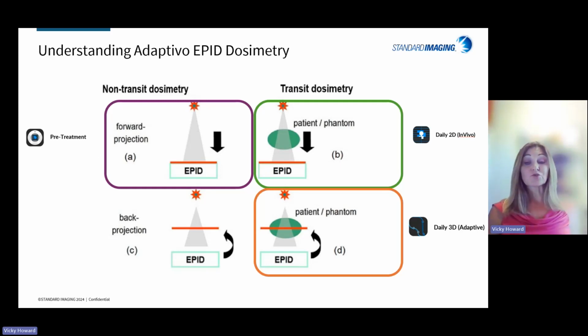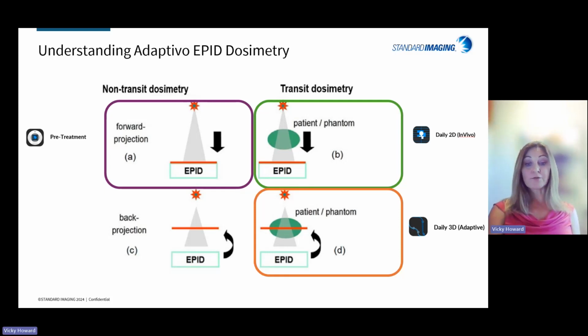The EPID panel is directly exposed to the unperturbed treatment beam. And this result can be evaluated as a forward projected result, meaning at the EPID panel itself, or it could also be evaluated as a back projected result where the EPID data is projected in air back to the level of the isocenter of the beam. Adaptivo's pretreatment module uses the non-transit forward projection technique.